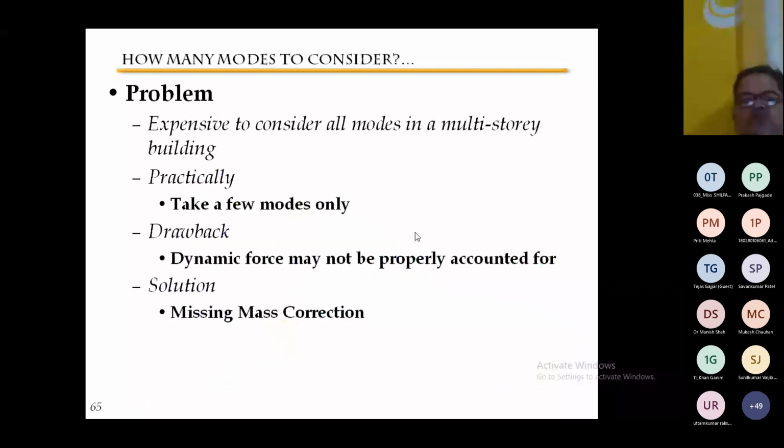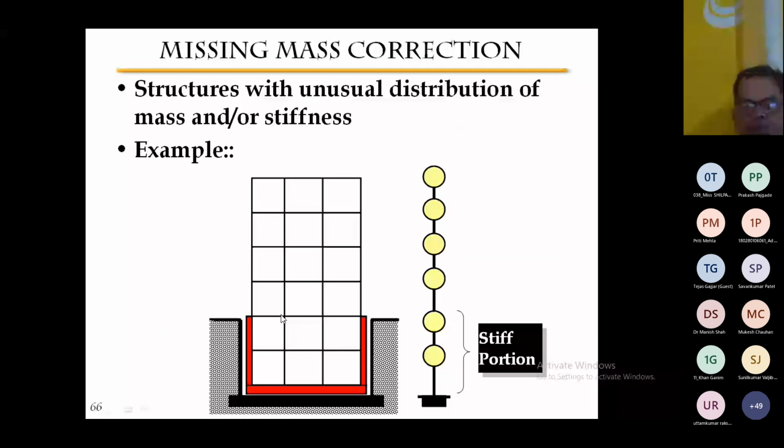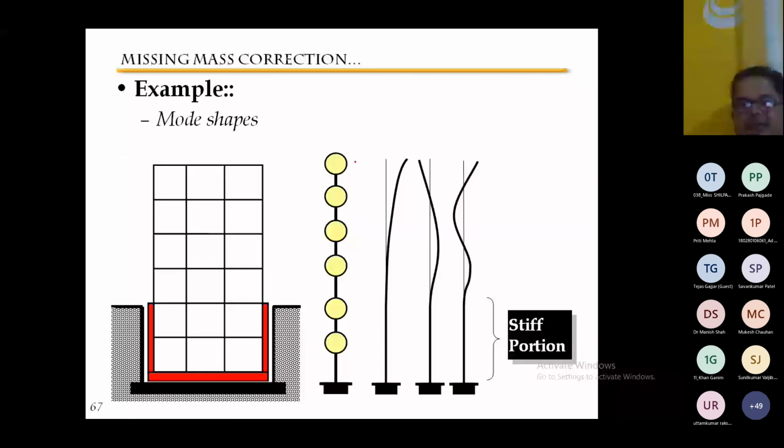Sometimes, in the case of a structure with a basement, the lower portion has shear walls or diaphragm walls, and it becomes too stiff. So we assume that it will vibrate from the top only. So this mass is not considered at all. This mass is missing.